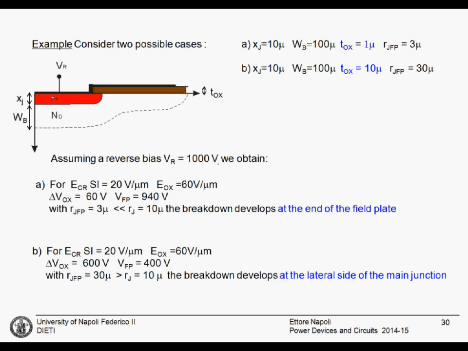It's just 1 micron thick. This means that the field plate induces here 940 volts. That is a very high voltage, very close to 1000. On the other hand, the curvature here is 10 microns, and the curvature here is just 3 microns. This means that here we get the breakdown.